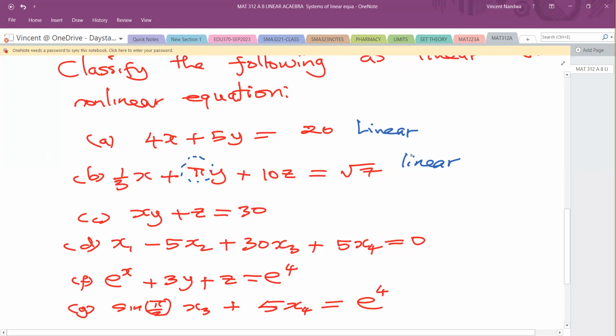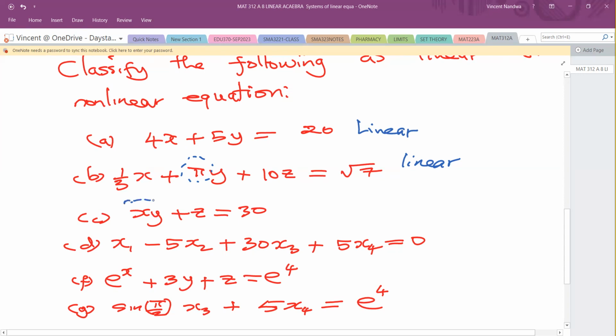Z has no problem because it's just power 1. The nonlinearity comes from this term.